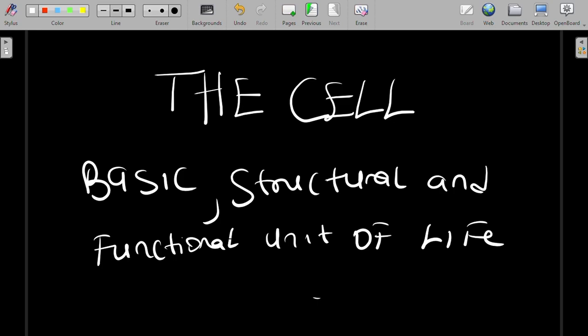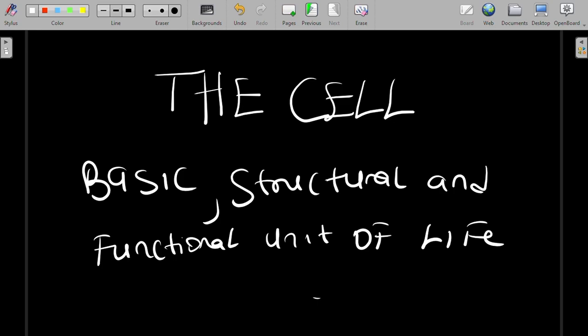You see, I mentioned three things: basic, structural, and functional unit of life. When we hear the word basic, it means we cannot do without it. So the cell is a structure we cannot do without.